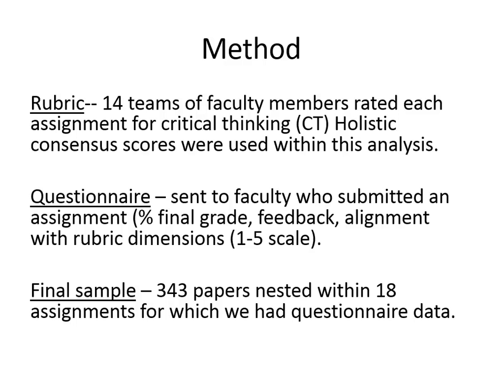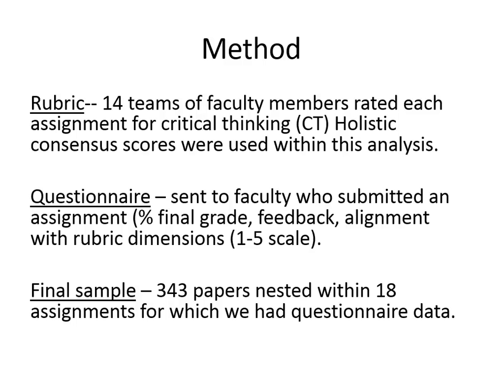Now, like I said, we really don't want that between assignment variance to be big, but if it was big, we wanted to predict that by looking at different assignment characteristics. So we sent out a questionnaire to faculty who submitted these assignments, and we would ask them questions about the assignment itself, such as what percent of the final grade was this assignment?